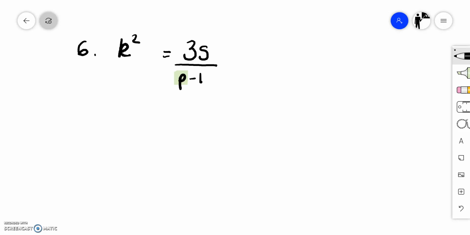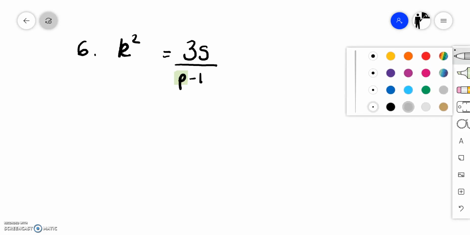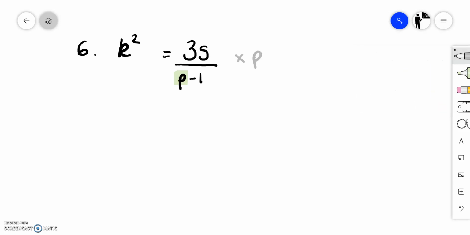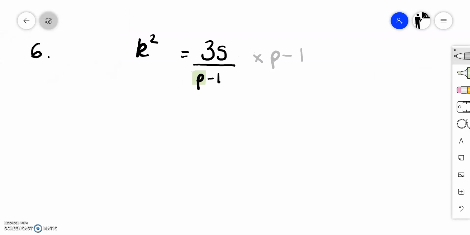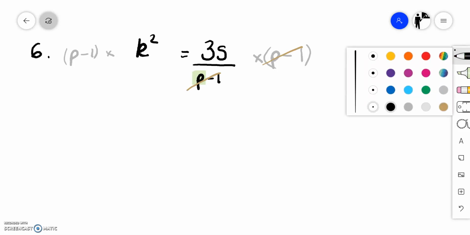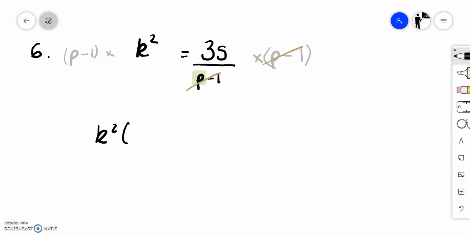So what I'm going to need to do first to start to resolve this is multiply both sides by p minus 1. Because these would simplify, and then I would have k squared times p minus 1, and that equals 3s.